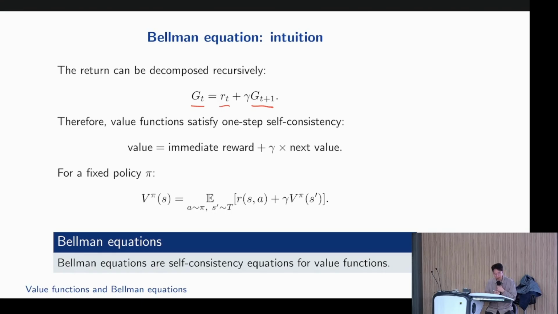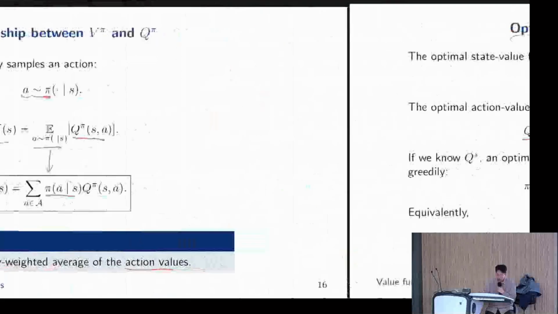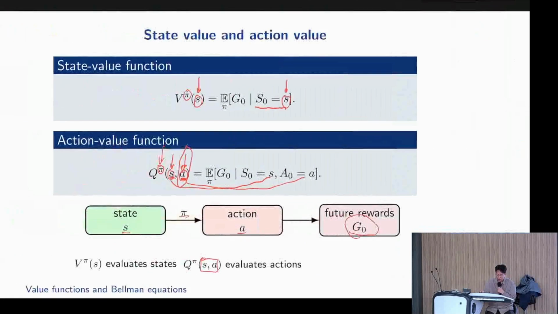Similarly, the value functions satisfy the one-step self-consistency as well. So value is the immediate reward plus discount times the next value, where the next state is sampled from the environment. Right?